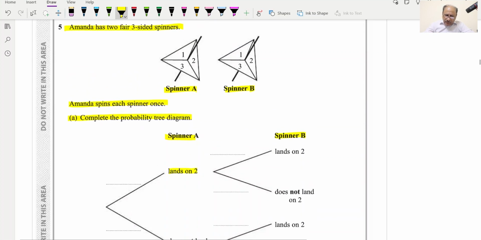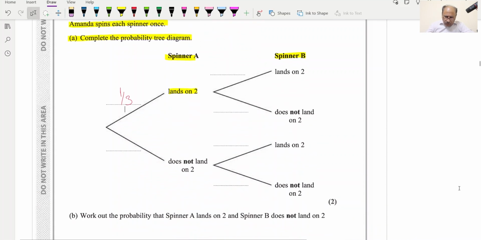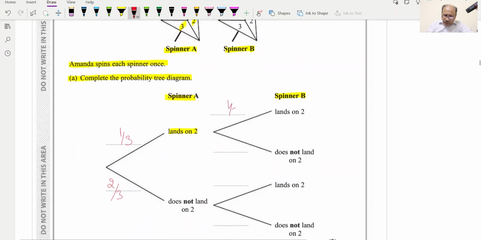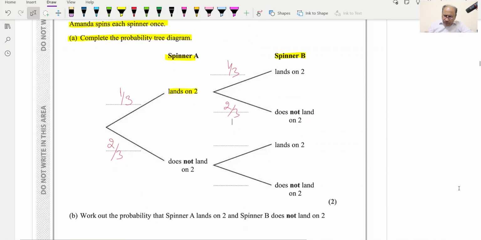If we check, spinner A is having 1, 2, 3, so 2 is 1 out of 3, and does not land on 2 will be the remaining probability, which is 2 by 3. Similarly, spinner B lands on 2 is 1 out of 3, and does not land on 2 will be 2 by 3. Hopefully you understood this.